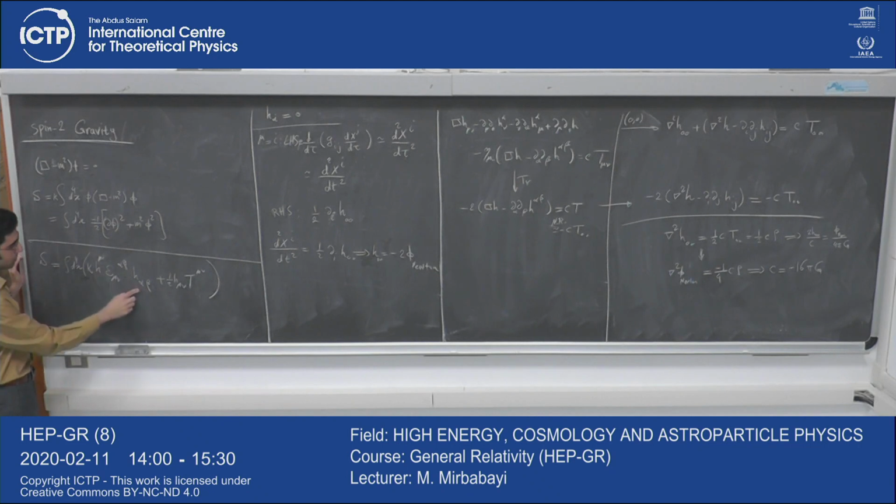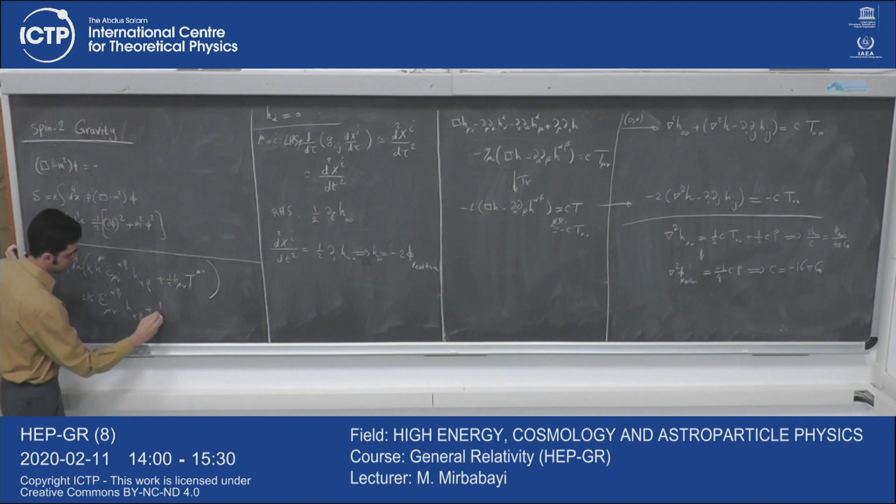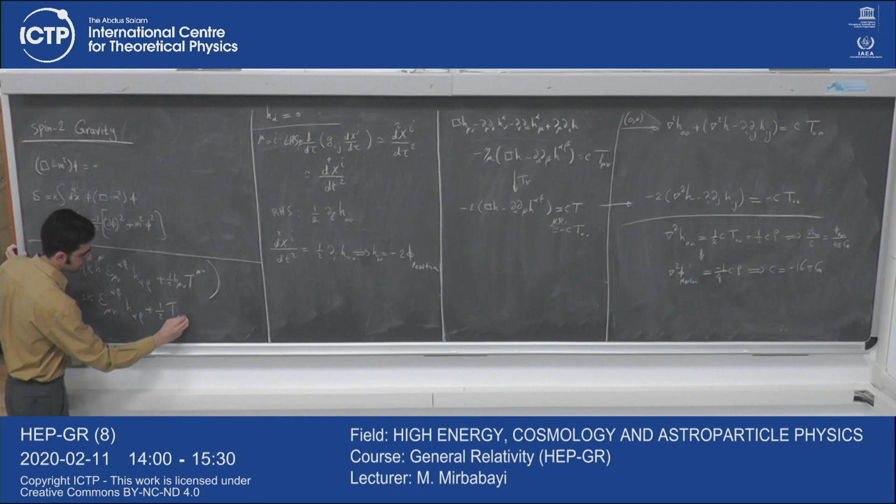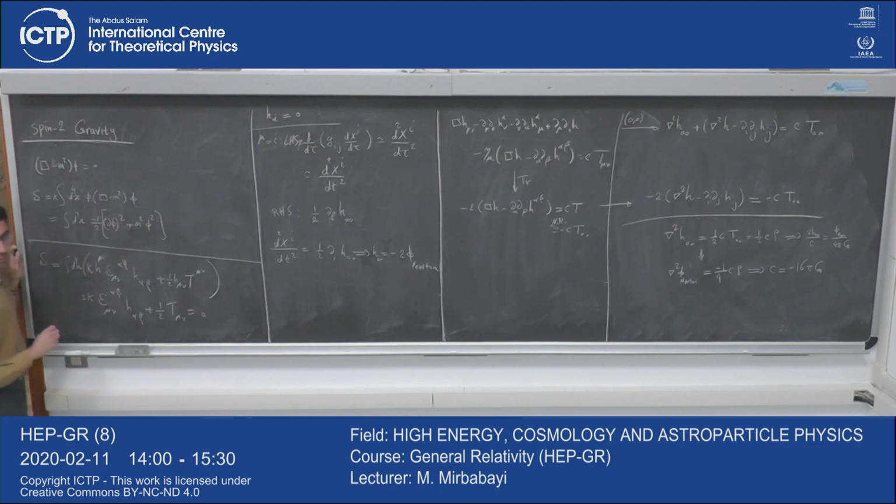If I derive the equation of motion for h mu nu from here, what do I get? There will be twice k epsilon mu nu alpha beta h alpha beta plus 1/2 t mu nu equals 0. Twice because we have two h's here.